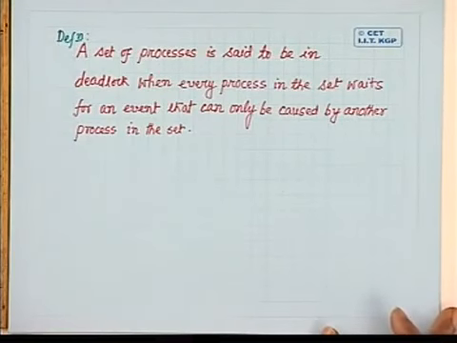Now, as we said, it is the responsibility of the operating system to see that the deadlock does not occur. Then the operating system must know what the reasons are which can lead to deadlock, or what the conditions of deadlock are.